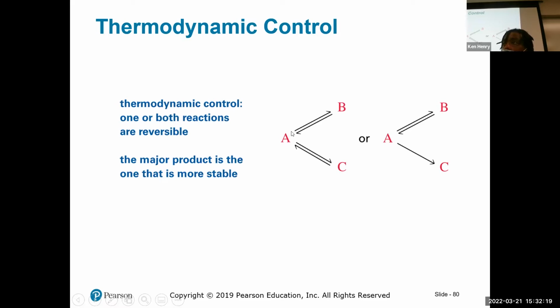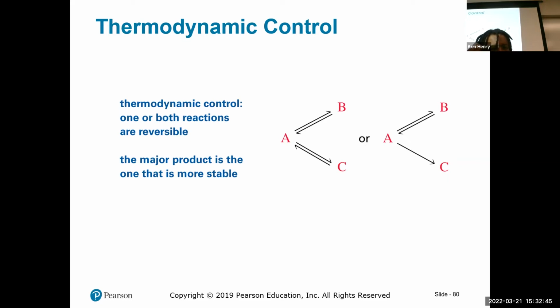So in this case, we have A going to B, but then B can go back to A, and then we can get A going to C, okay? But in this context, C is more stable. So because C is more stable, you're going to get more of C being produced because of the stability of it. Okay.